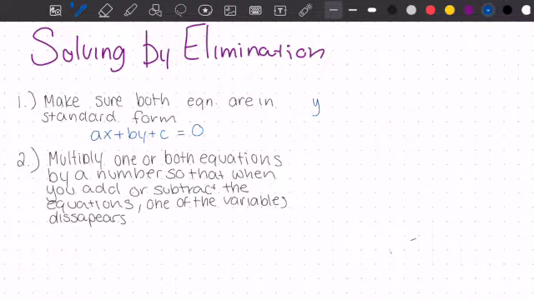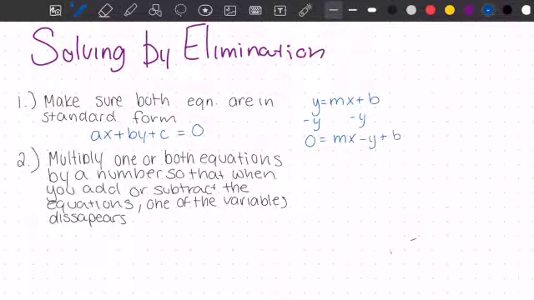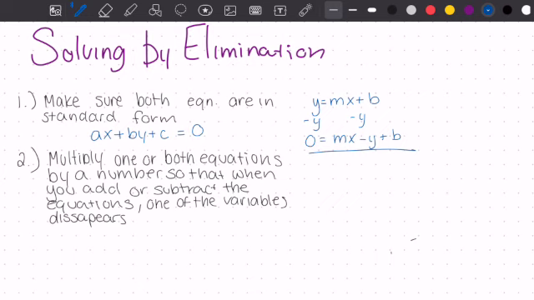So if I have y equals mx plus b, all I'm doing is subtracting y from both sides, and I have 0 equals mx minus y plus b. This is the same as standard form, okay? A, B, and C are just numbers. We just don't know what those numbers are when we write out a general equation form like this. X and Y are still X and Y.